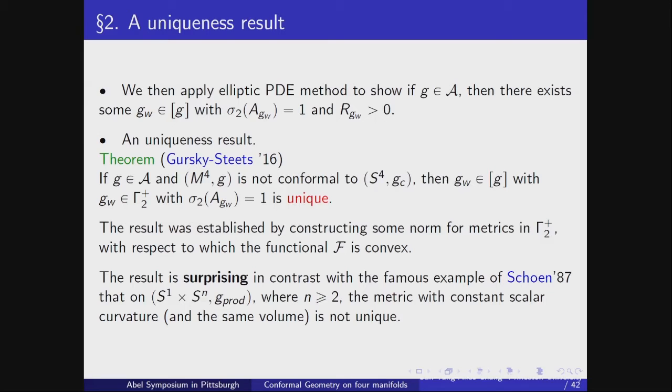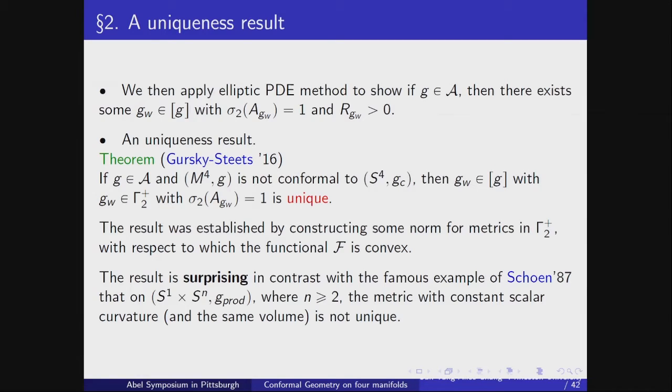It turns out that on a 4-manifold, if you start with a metric in this positive class, where these invariants are positive, and if the metric is not conformal to S4, then the metric in G with sigma 2 equal to 1 is unique. Okay, unique. So in the same conformal class, if you seek the representative, so it's canonical, so the metric becomes curvature equal to 1, that's unique. Okay?